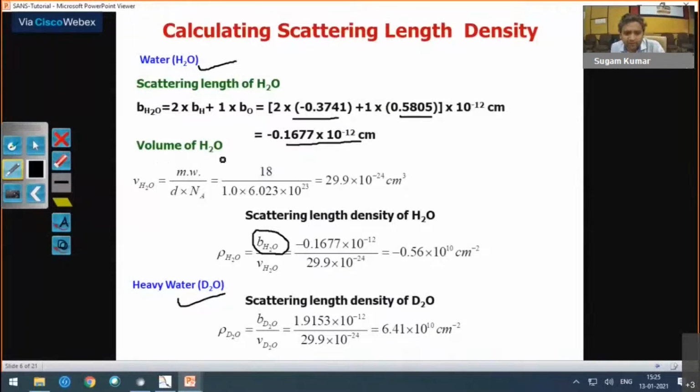Then the volume of H2O: one can do very simple calculations to get this formula. This is molecular weight divided by density and Avogadro number. So the molecular weight of H2O is 18, and then density 1, Avogadro number. Simple division will lead to this scattering length density, and for heavy water, it will be like this.